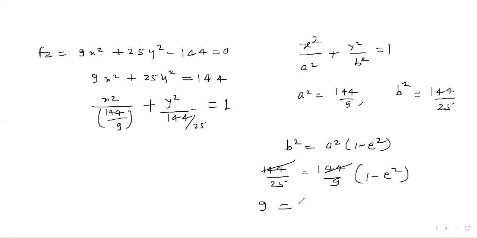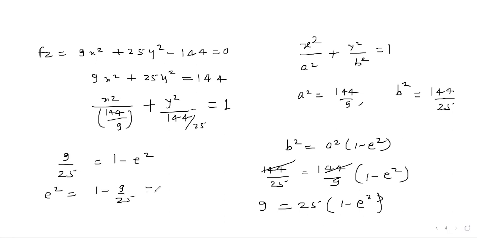So 9 equal to 25(1 − e²). We can simplify: 9/25 equal to 1 − e², or e² equal to 1 − 9/25. That will be 16/25. So e will be 4/5. We take the positive value, hence the solution.